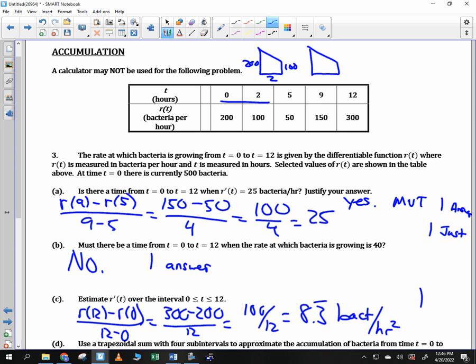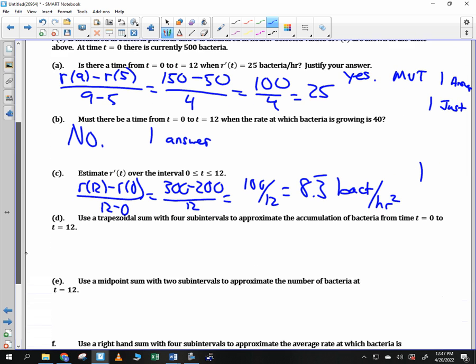And then this one's going to be a width of 3 with a height of 100 and a height of 50. So I need to see 1/2 times 2 times 200 plus 100, plus 1/2 times 3 times the sum of 100 plus 50. That's what I'm looking for in the trapezoidal sum.